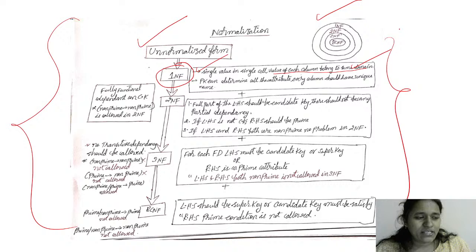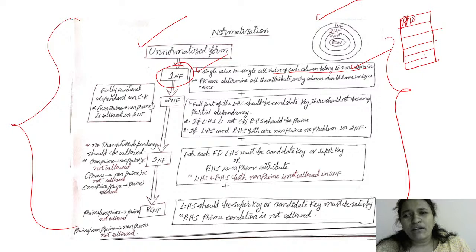We already discussed in previous sessions that the values of every column, suppose this is a phone number column, should all be integers. In the middle there should not be any character like that. In first normal form, the primary key can determine all the attributes of the given relation.